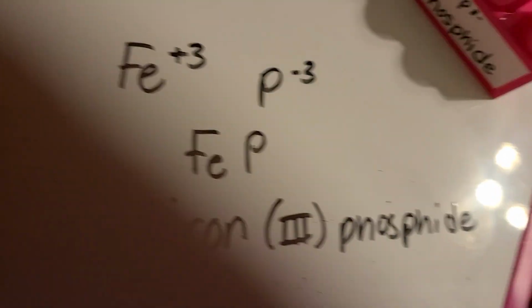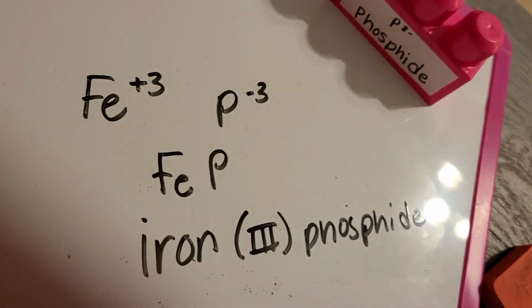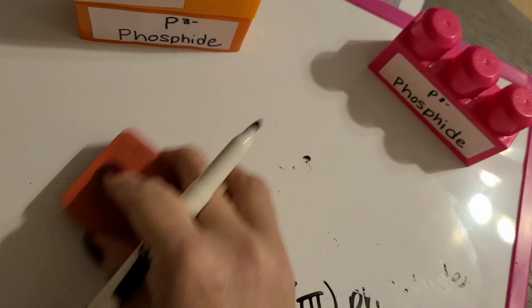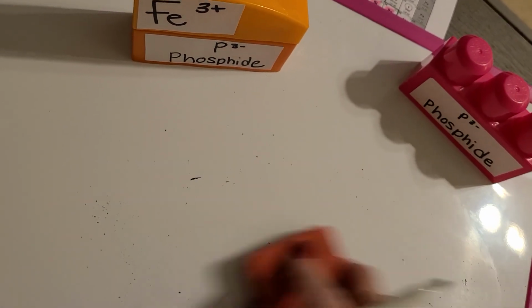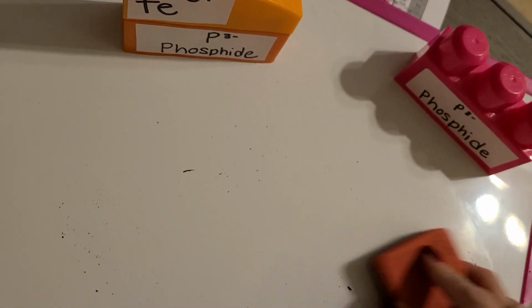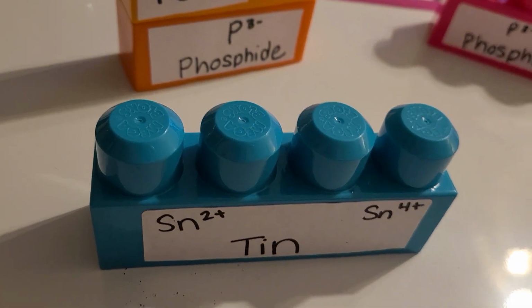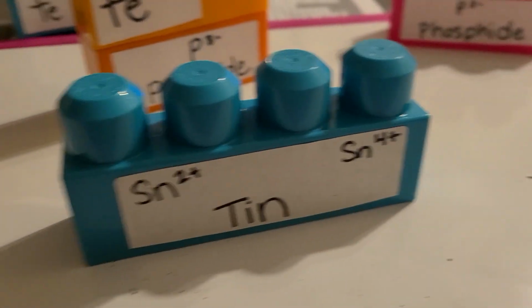All right, so I think I'm going to try just one more and make sure everybody is understanding how to write the Roman numerals. All right, I'm going to do one with 4. So tin. Tin has a +2 or a +4.